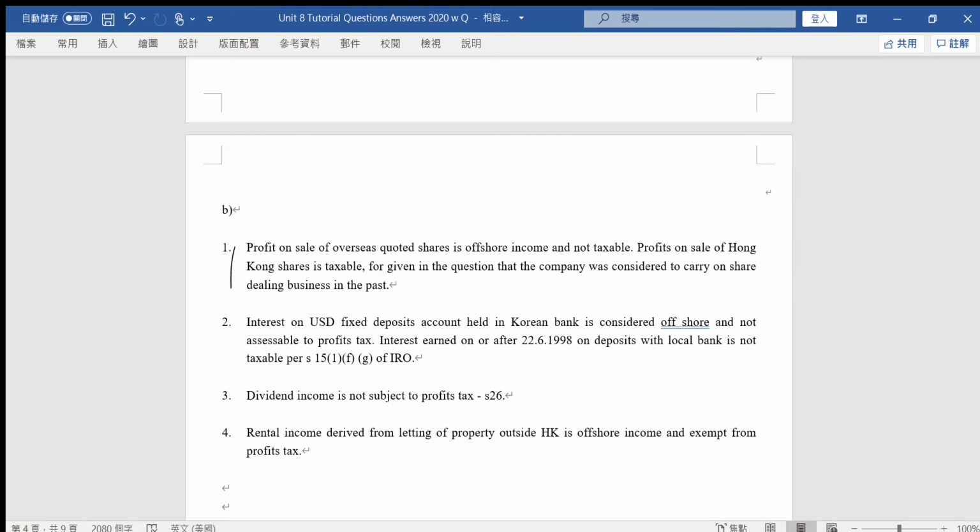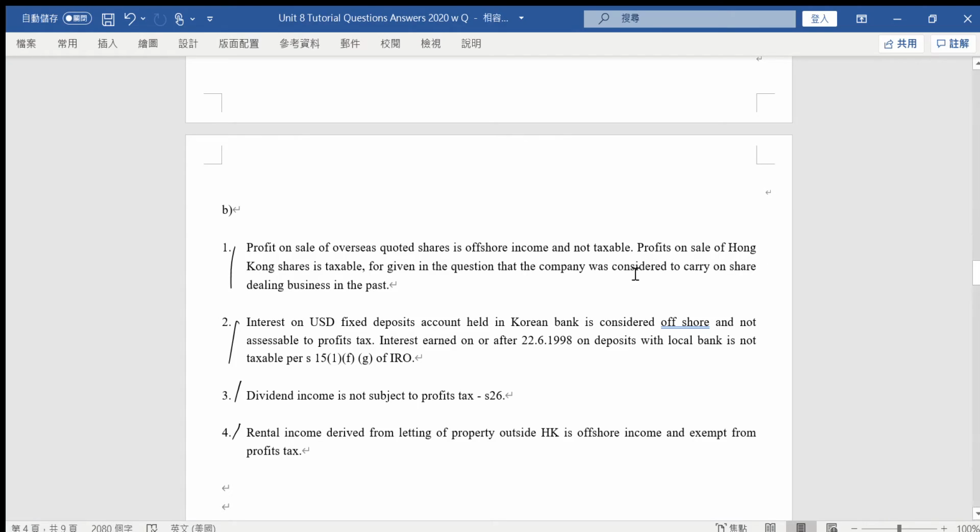Other than that, about the interest deposits, you should discuss whether that is not taxable, because of the offshore income and also the 1998 interest exemption order. Then the dividend, we have the section mentioned, and the rental income is also related to DIPN 21, which is based on the physical location of the properties.